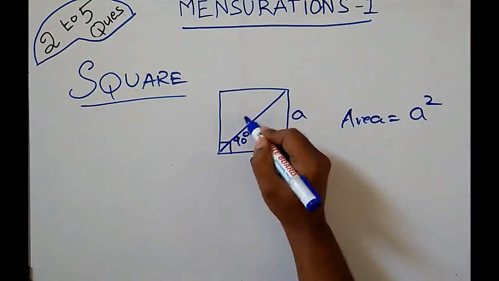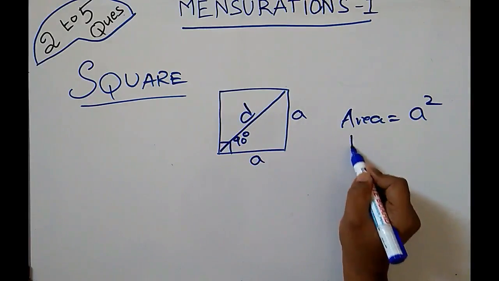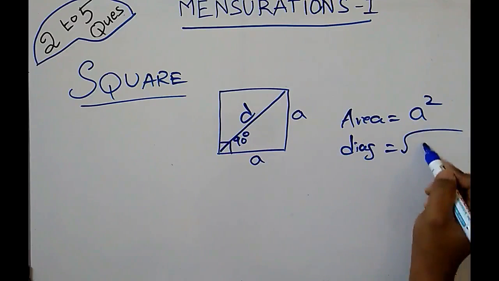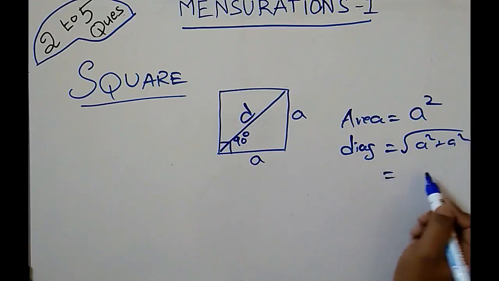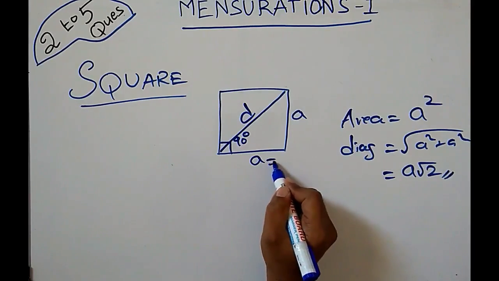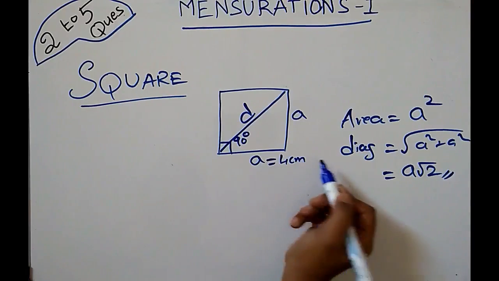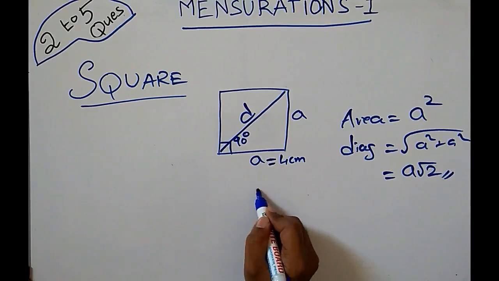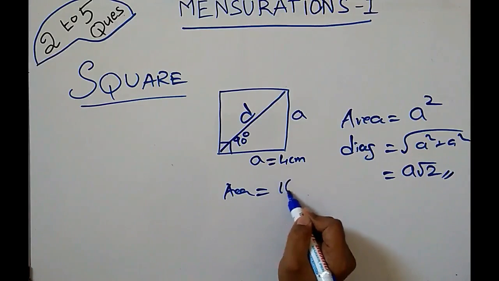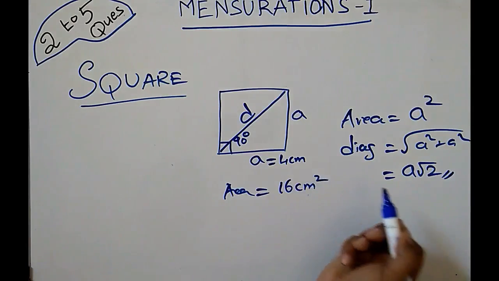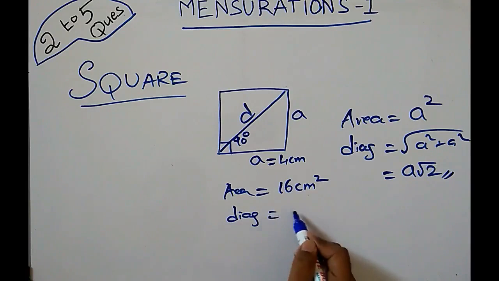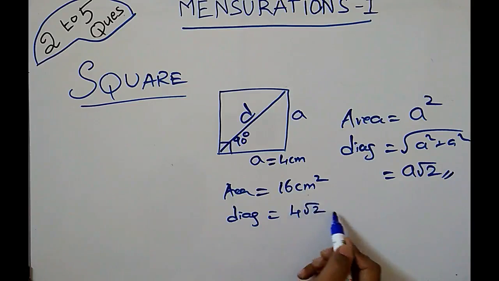And here the length of the diagonal is root of A square plus A square, which gives A root 2. If the side A is 4 centimeters, then the area is 4 into 4, that is 16 centimeter square, and the diagonal is 4 root 2.